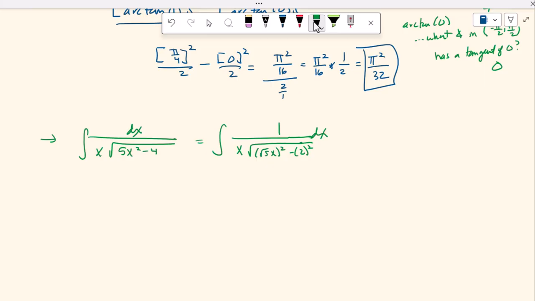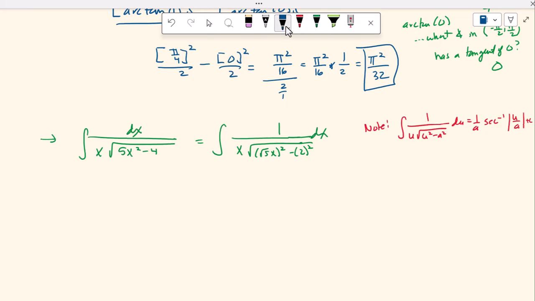Okay, now this looks like an inverse secant. So let's write that form down. So the integral of du over u times the square root of u squared minus a squared is 1 over a inverse secant absolute value of u over a plus c. Okay?